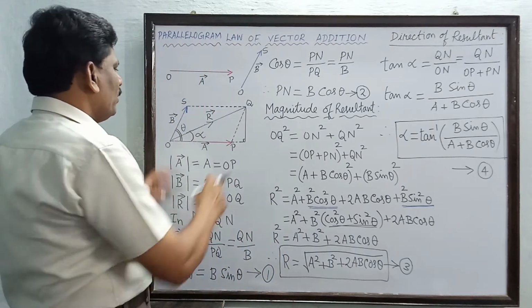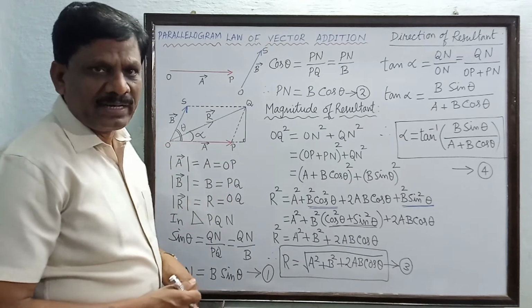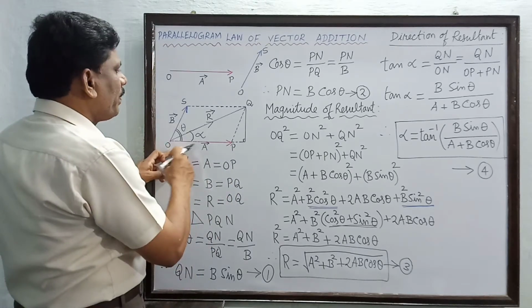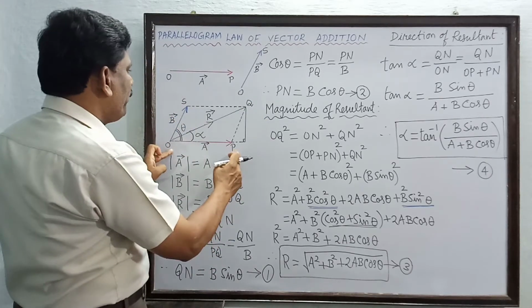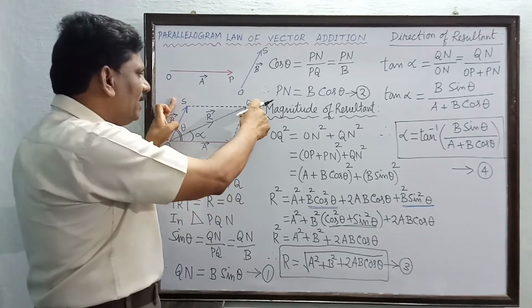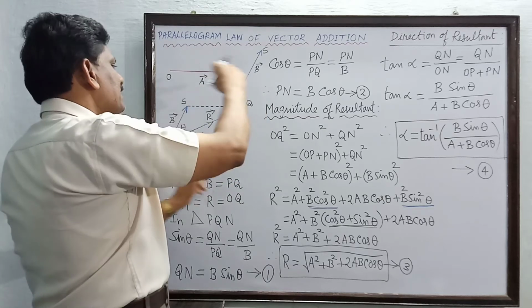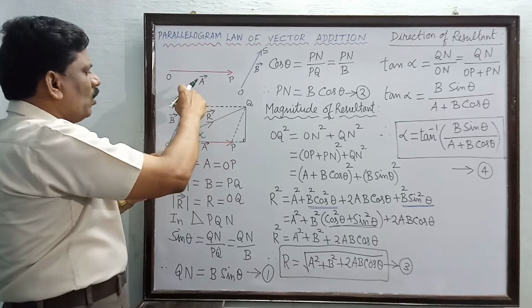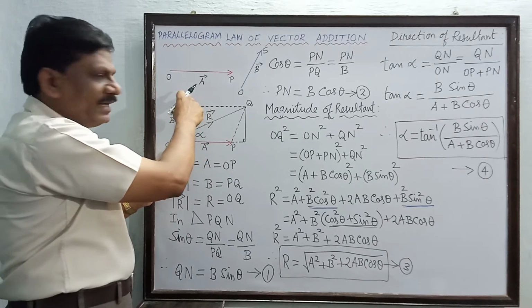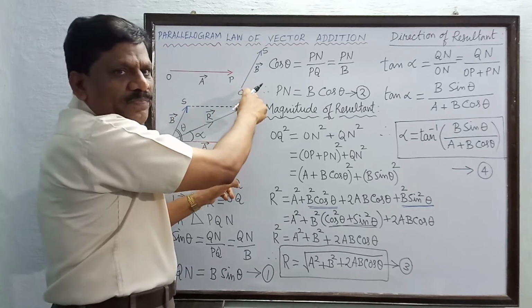Now I have completed the parallelogram, that is O, P, Q, S. The side OP and SQ are parallel. The sides OS and PQ are parallel. So the side OS must have the same length of the side PQ.